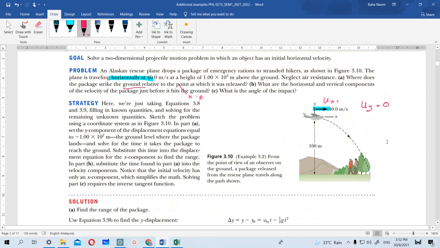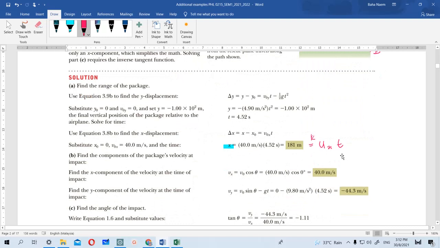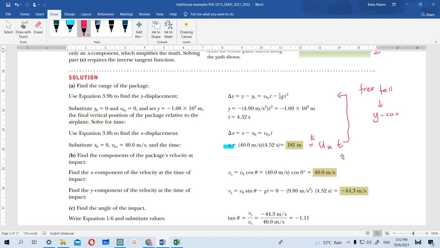Bear in mind, the time is measured right from here, point A, to when it hits the ground, B. So this time interval would be between A and B. Now, time can be measured from the concept of free fall, by looking only at the y component.